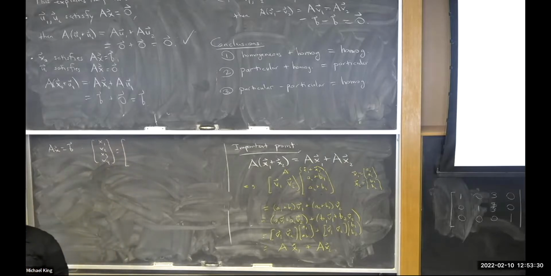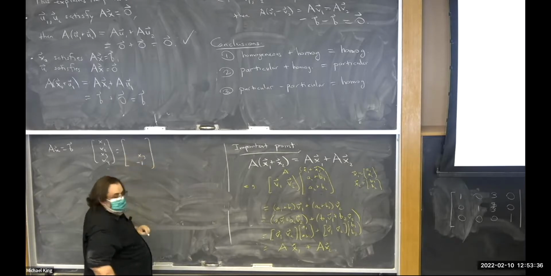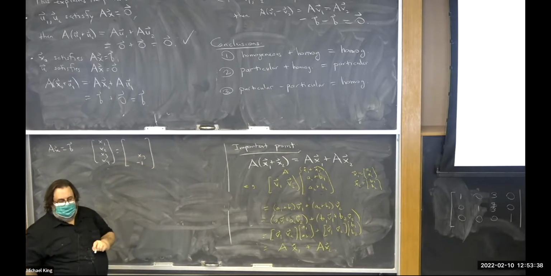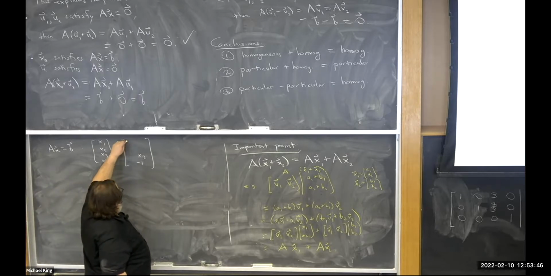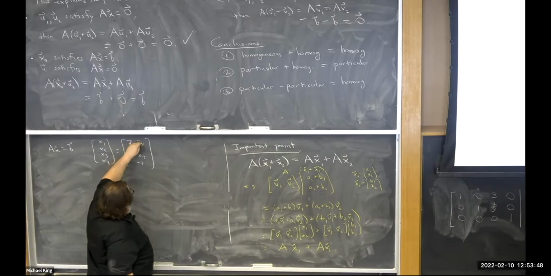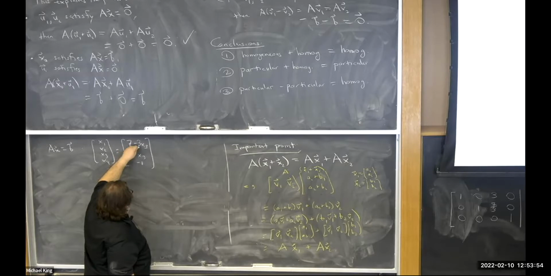I erased it. I know we had x3 and -1, right? What do we have? Should be in your notes. 7 minus 3x3 and 14/3. Oh, right.